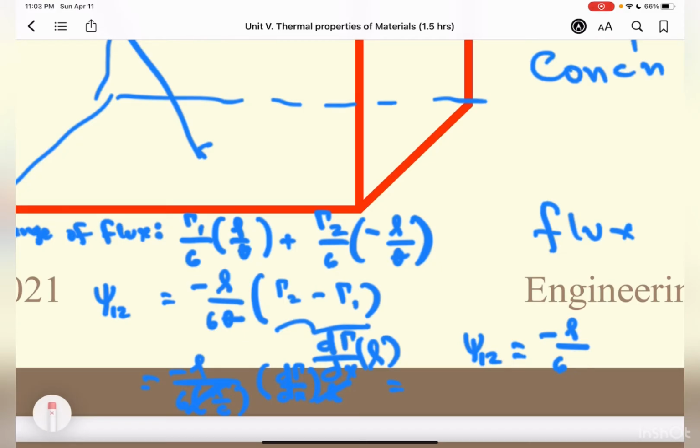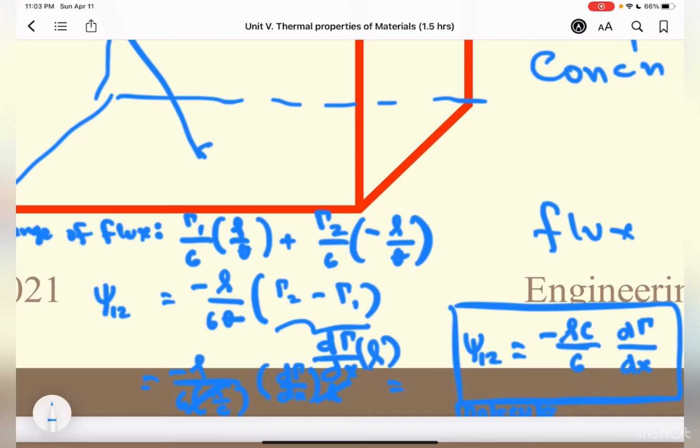It's not 6 theta, but it is 6 over C. Or I could bring C here: negative LC over 6, derivative of your transferent property gamma over dx. And this is what we call your famous molecular transport equation.